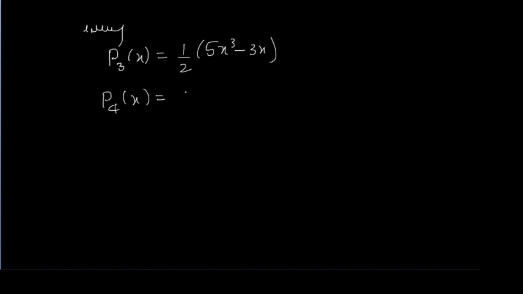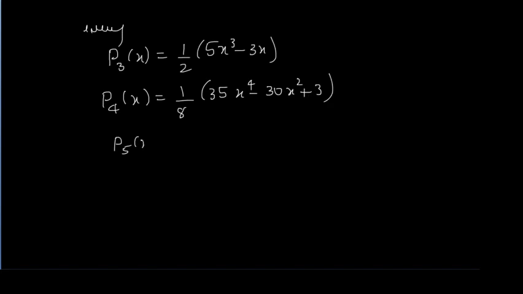So similarly continuing like this, we obtain P3 of x is equal to 1 by 2 into bracket 5x cube minus 3x. Next P4 of x is equal to 1 by 8 into bracket 35 x raised to 4 minus 30 x squared plus 3.